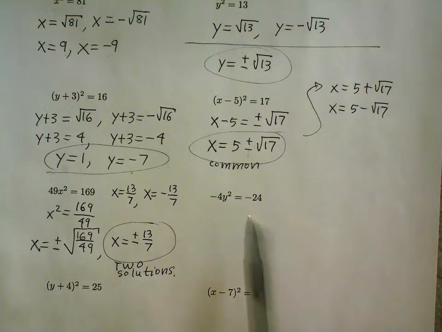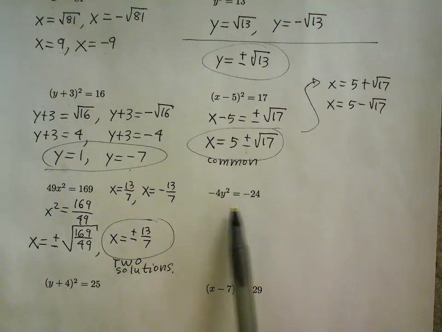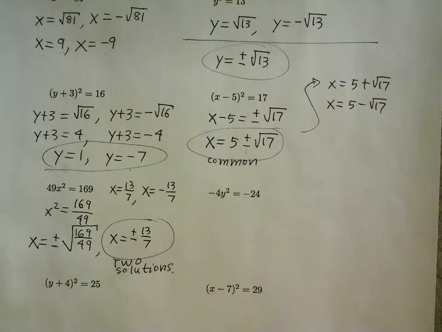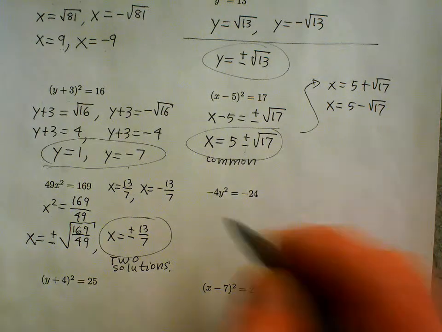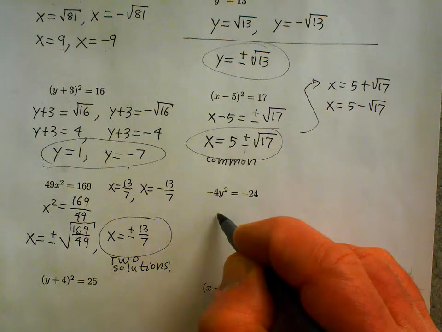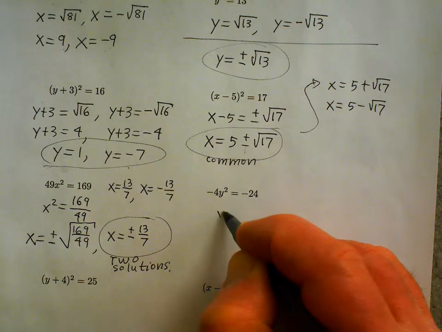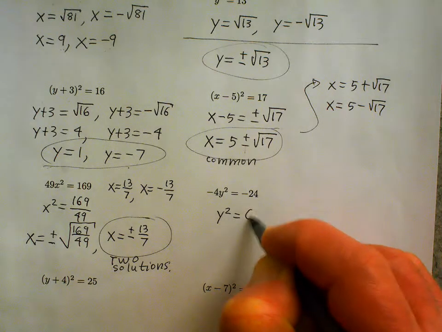Okay, the next equation, negative 4y squared equals negative 24. Before applying the square root property, divide both sides by negative 4. So we apply that preliminary step and we get y squared equals positive 6.